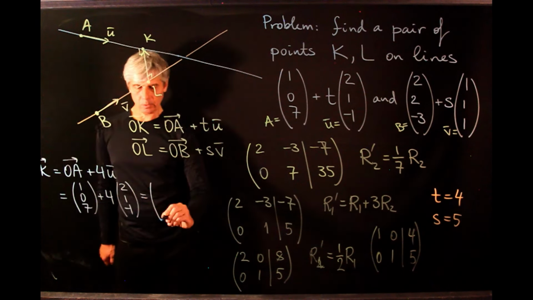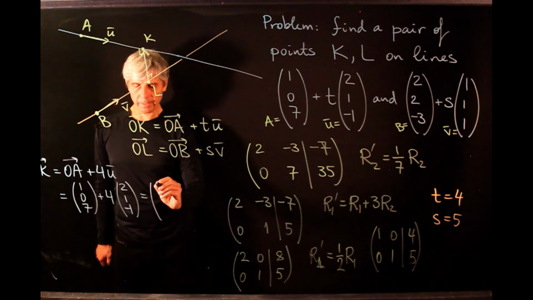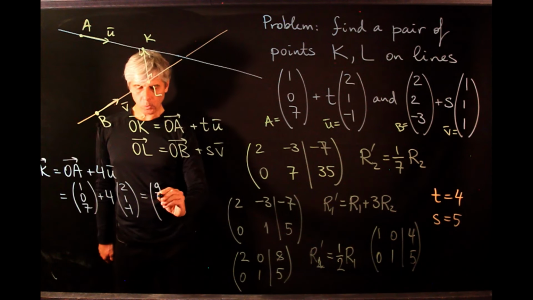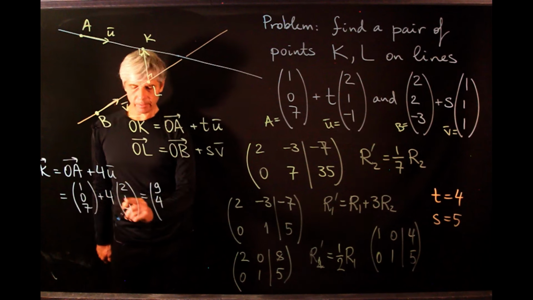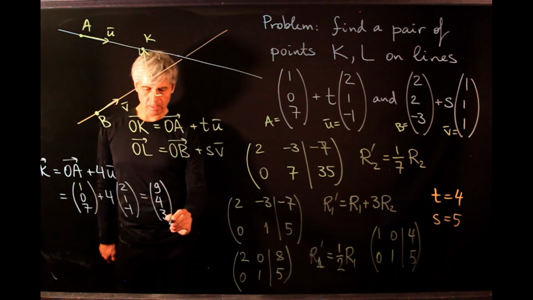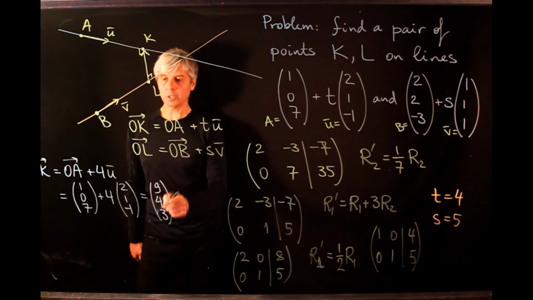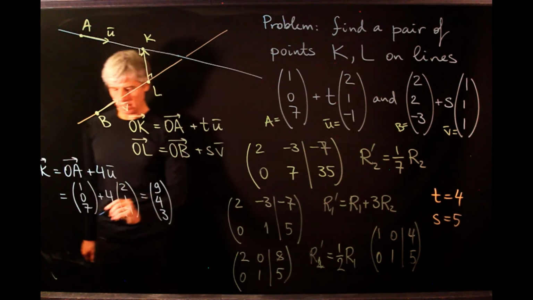So what is this? So this is 8 plus 1, that's 9, 4, and 7 minus 4, 3. So this is the coordinates of the point K here.